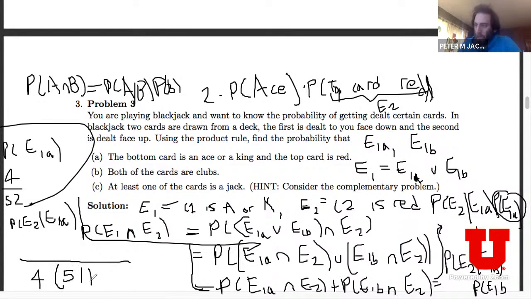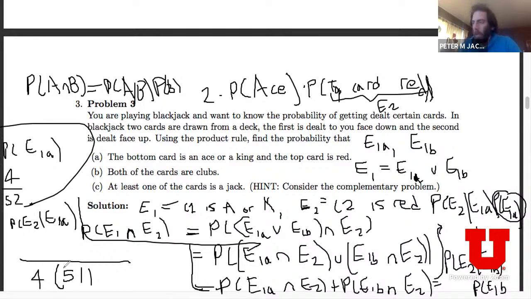The idea here is that there are 4 possible decks that we could have resulting from choosing a particular ace, because there are 4 different aces, and each of those decks, when we remove the ace, has a total of 51 options left. So that's how we ended up with 4 times 51 in the denominator.